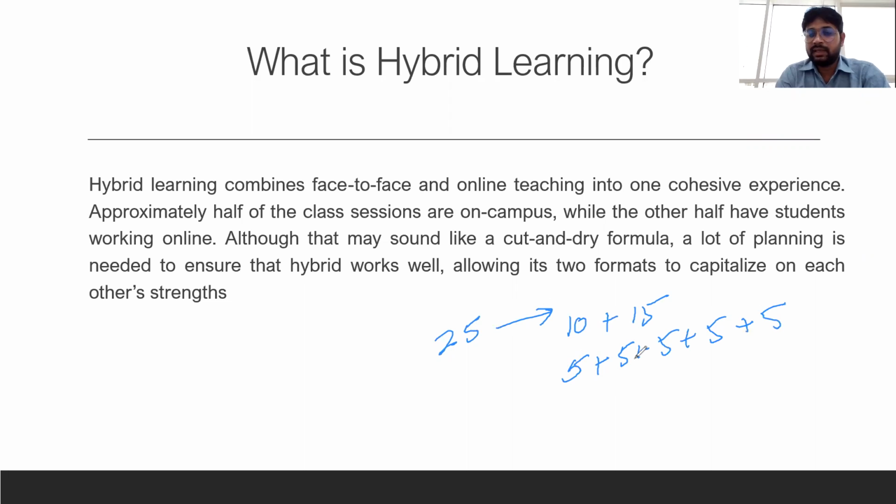It depends on us, whether we have a ratio of 10 and 15, or a ratio like 5 groups. It depends upon the availability of the teachers and the availability of the resources. On the basis of that, we can segregate the 25 students into small batches, and we can have 10 students for offline and 15 students for online at the same time. So this kind of interaction with the students in both manners is called hybrid learning.